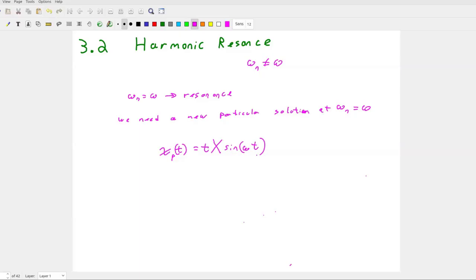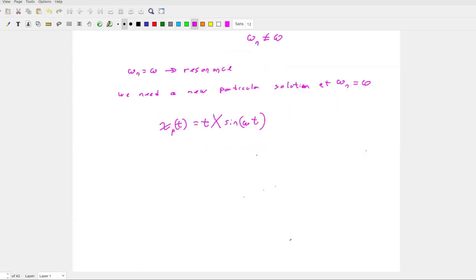Substituting that into the equation of motion in standard form and solving for x leads to x of p for a given time t is equal to f naught over 2 omega t sine of omega t.